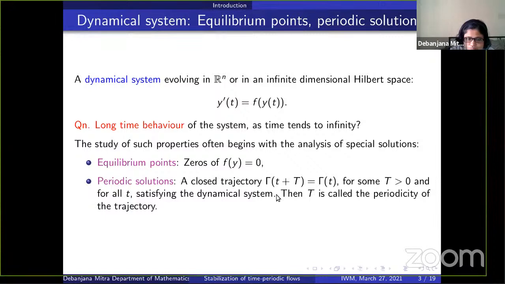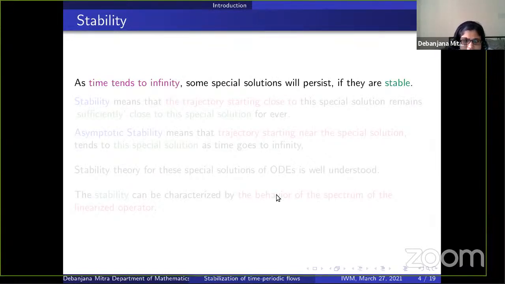First we need to understand the behavior of the solution of the system when it is near one of the special solutions. That will be determined by the stability of the dynamical system.